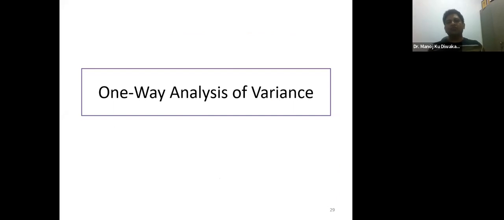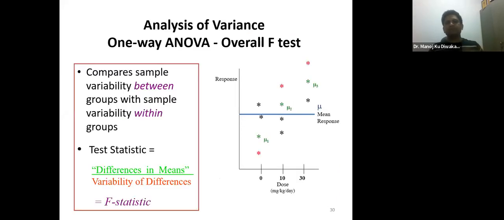One-way analysis of variance uses the F test, which we are going to use to test more than two samples. So far in the t-test we used the t distribution. The definition is that it compares the sample variability between the groups with the sample variability within the groups.